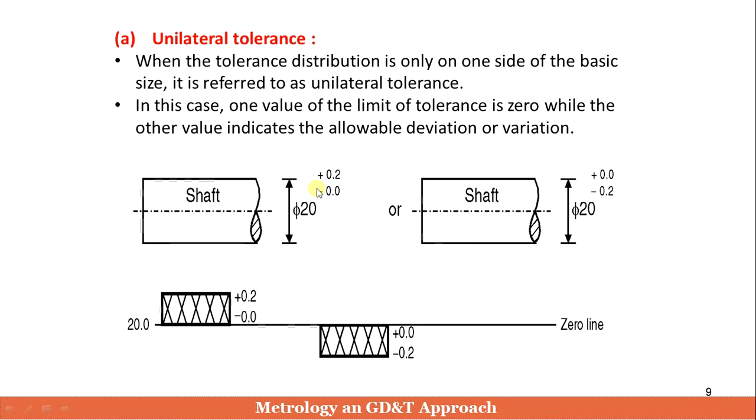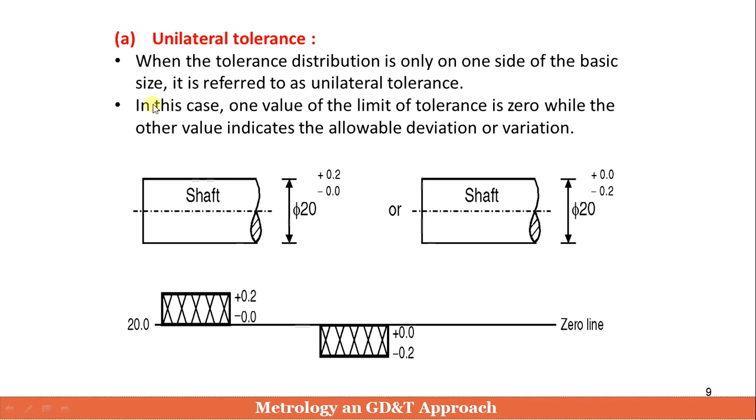Now, unilateral tolerance, if we consider a shaft, will be represented in this fashion: either one of the limits will be 0, or both will be positive, or both will be negative. This is the 0 line, this is the representation style. Above this we have a tolerance on the shaft, or below this we have a tolerance on the shaft.